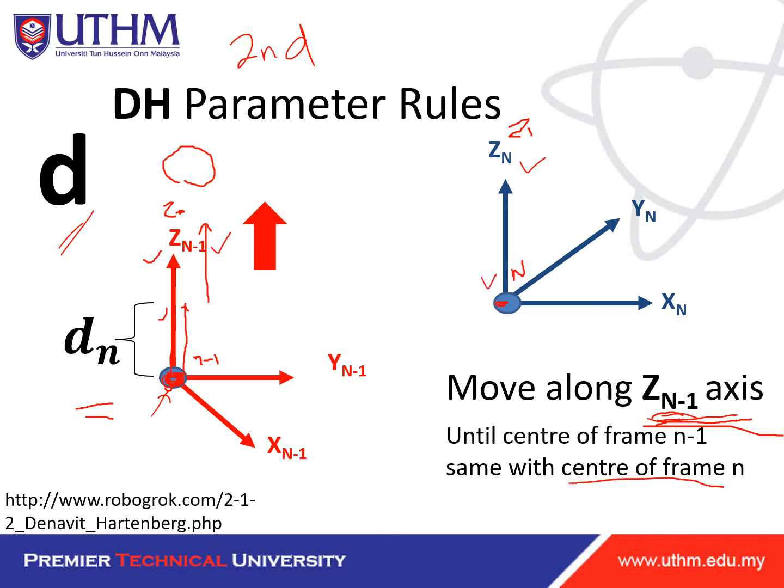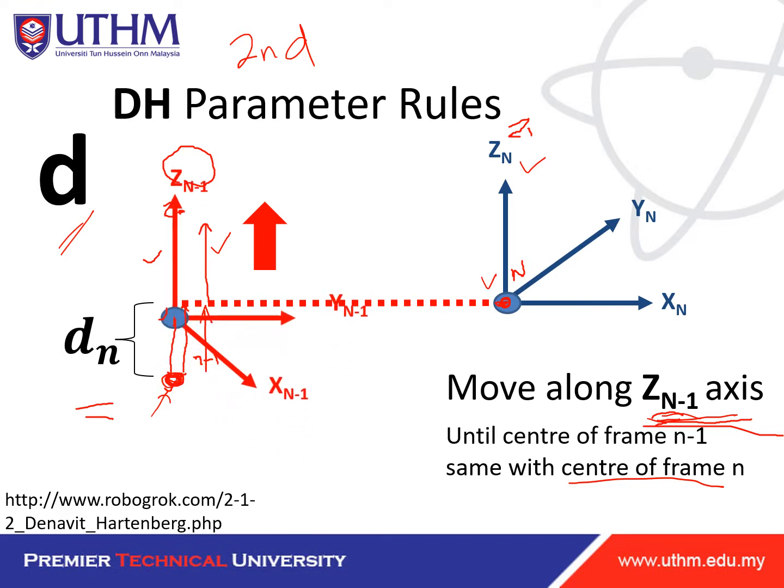So this is frame n and this is the center. We want to move in the Zn direction, which is this way, going up, so that these two will have the same position. To do that, we just need to move the center of frame n minus 1 up so that it becomes the same as frame n. The distance of this movement is called dn.